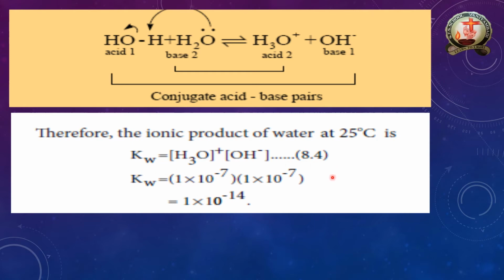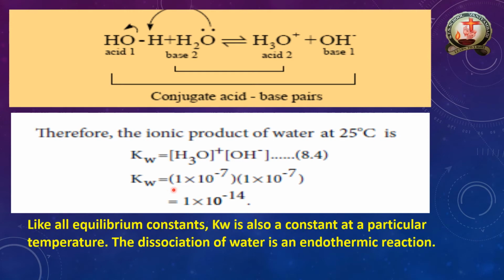The hydronium ion concentration and hydroxyl ion concentration are the same, so at room temperature Kw is unique and stable. Like all equilibrium constants, Kw is constant at a particular temperature. With rising temperature, the value changes.